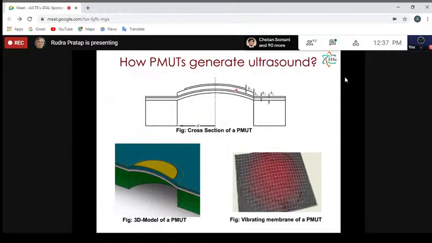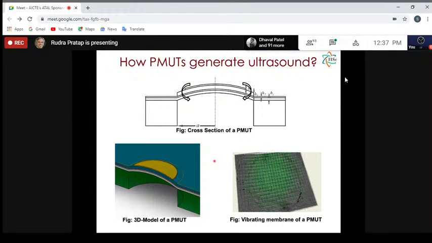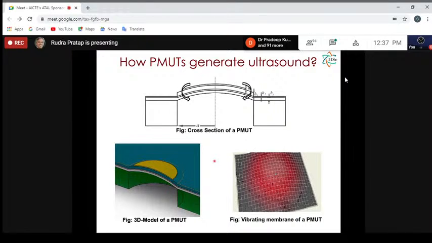If you apply voltage to that piezoelectric layer, it produces a certain bending moment on the structure, which makes it vibrate, so you get a vibrating diaphragm. The vibration will depend on the applied signal's frequency.